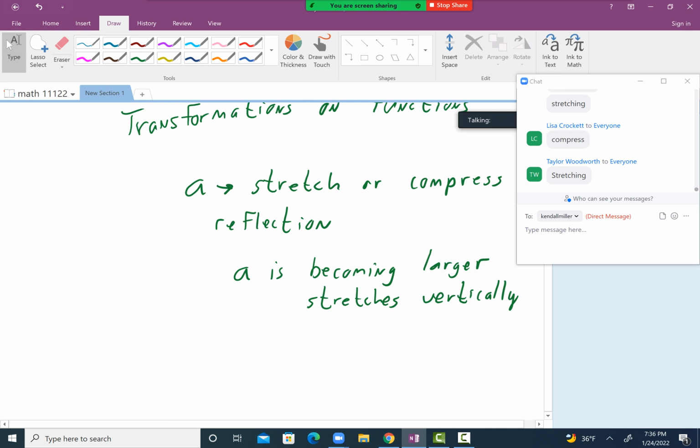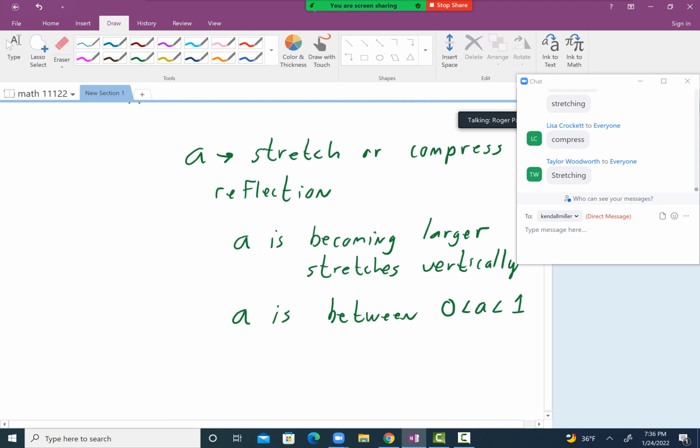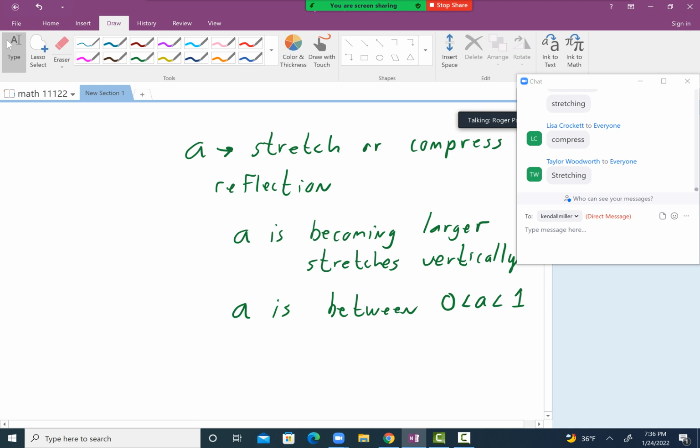What about in the other direction? Suppose that A is between 0 and 1, so we have a decimal. Then what happens? It gets compressed.